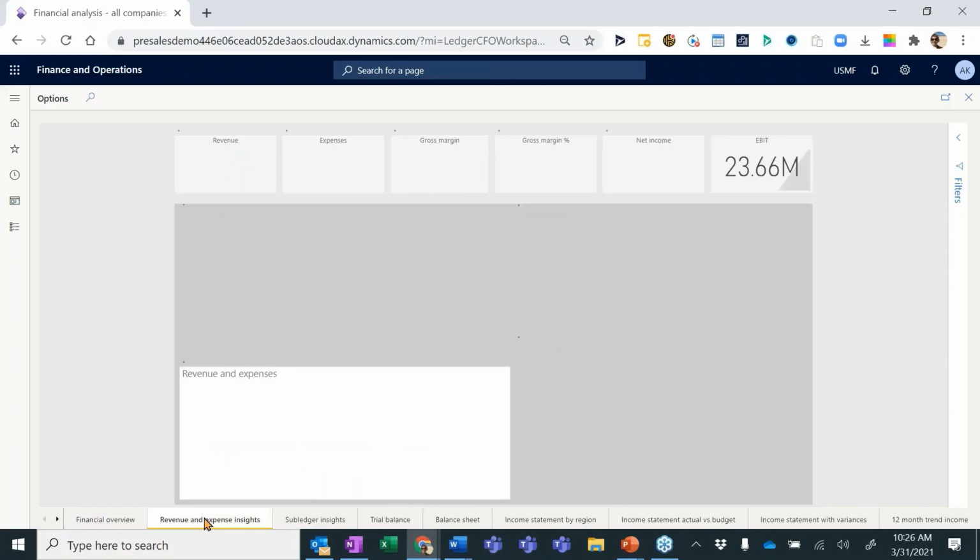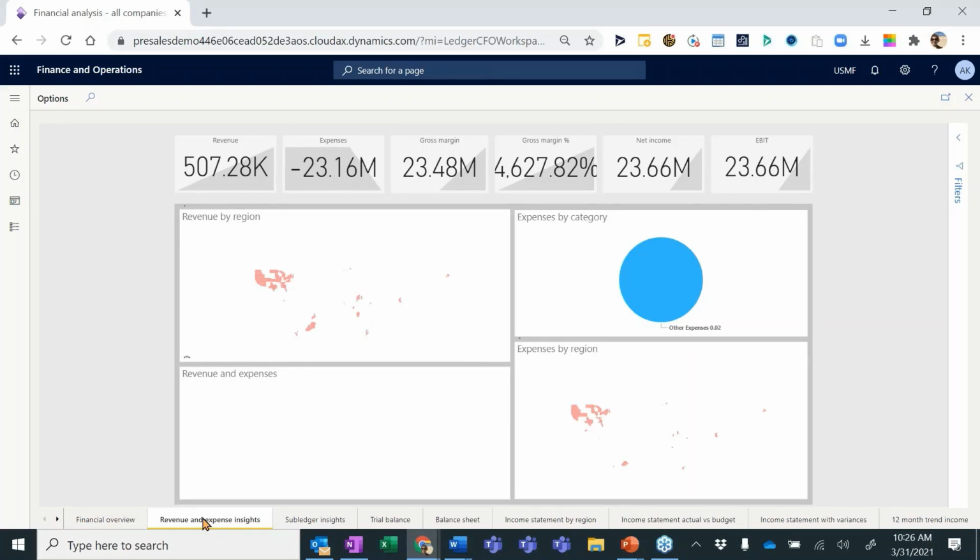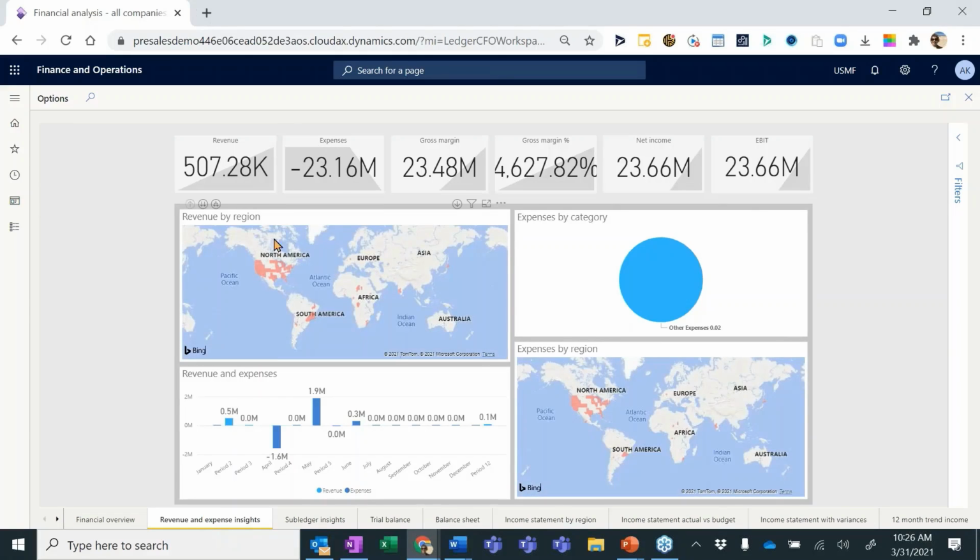That really allow me to dig into some of the things around expenses. Expenses by region. What's happening with my different divisions inside of the company? Where are the expenses happening? What is my revenue over my expenses? So in this month, my expenses exceeded my revenue.